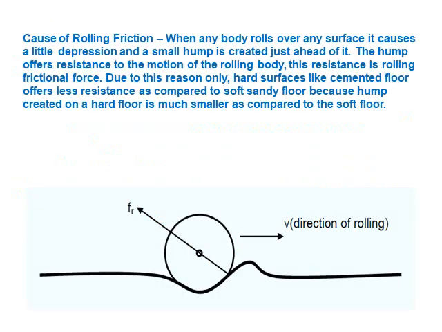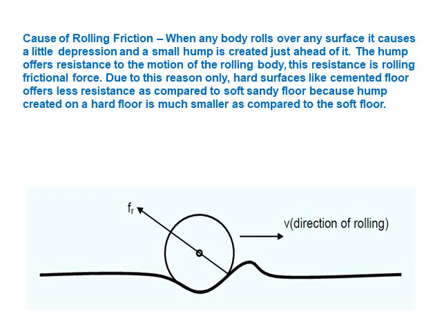Cause of rolling friction. Consider a wheel rolling along a road. As the wheel rolls, it exerts a large pressure due to its small area.